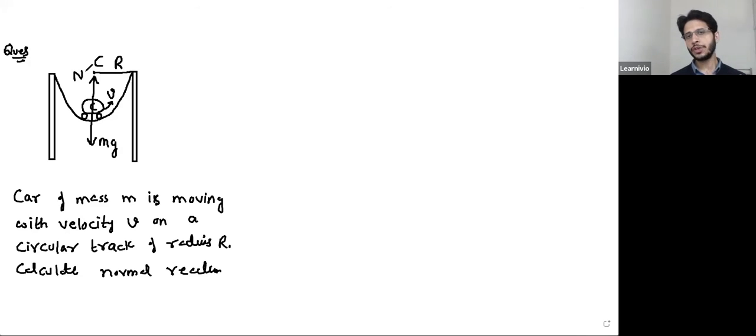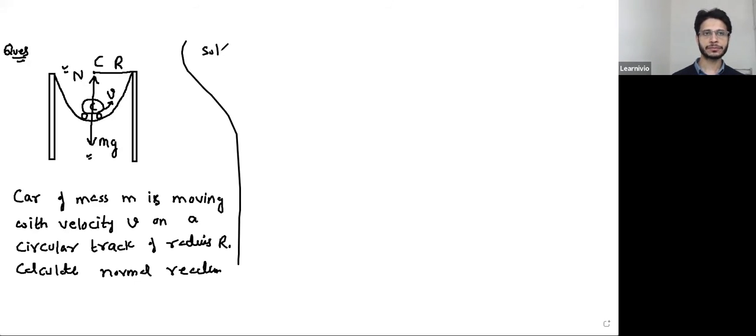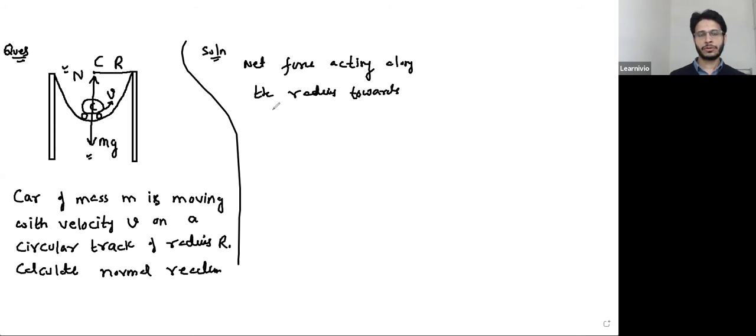So now we have to decide which force will provide centripetal force. There are two forces. One is N, another is mg. When you have more than one force, the net force acting along the radius towards the center will provide centripetal force.